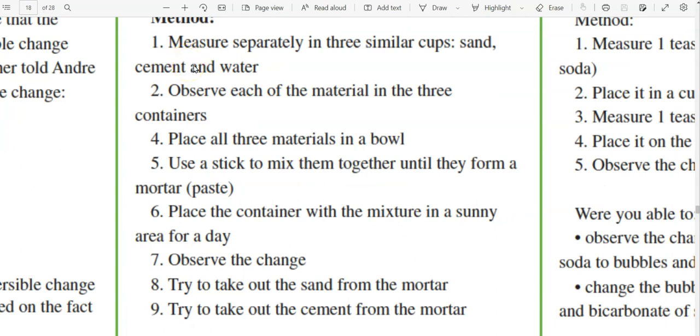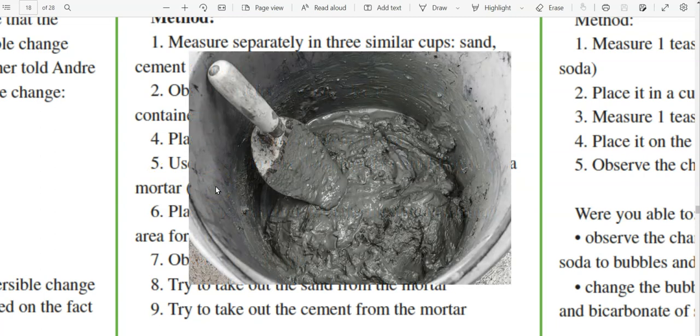Measure separately in 3 similar cups sand, cement, and water. Observe each material in the 3 containers. Then, place all 3 materials in a bowl. Then you use a stick to mix them together until they form a mortar or paste.